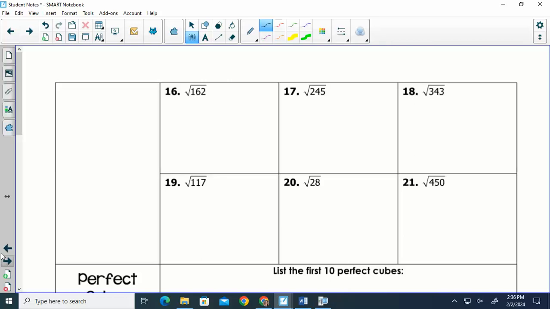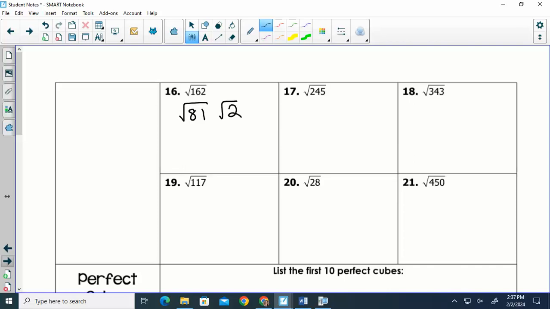So 162. We need to go back to our perfect squares. It's got to be something smaller than 162. Can you do 162 divided by 144? No. 121? 100? 81. Okay. What is 162 divided by 81? 2.